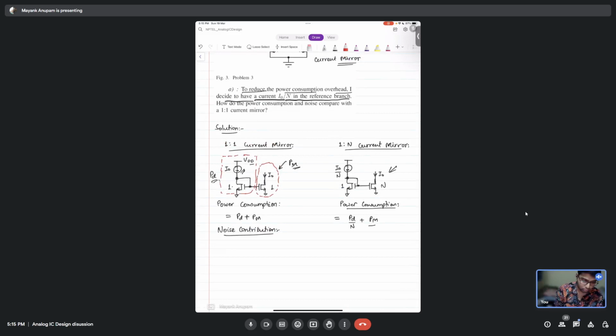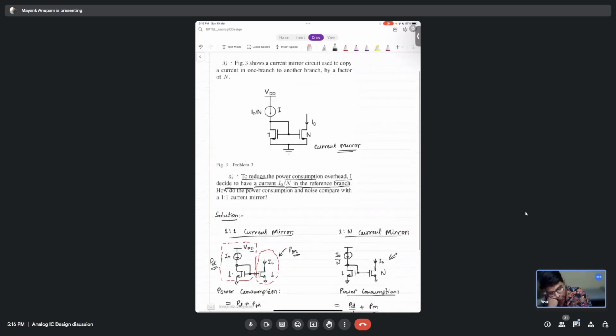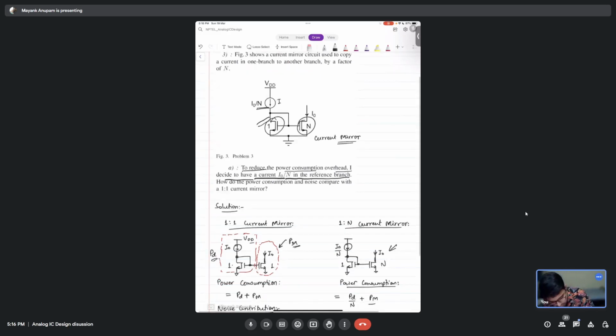Whenever you are told to find out a total noise, first of all you have to identify the noise sources, from where all we can have noise. That's the first thing to do. So in this case, what all things can contribute to noise? Two MOSFETs. This MOSFET and this MOSFET, right? Only these two have the noise contribution. Again, I assume that this current source is ideal and does not contribute any noise. So we have only two noise sources, this guy and this guy here.